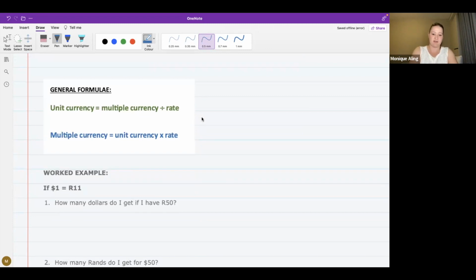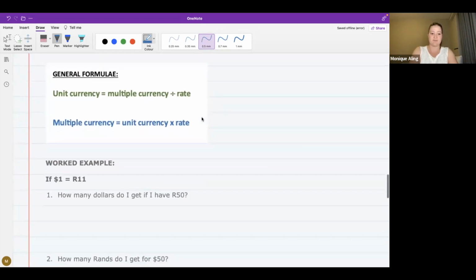So let's look at the first question. Worked examples. I'm going to do this one with you. If $1 equals 11 Rand, how many dollars do I get if I have 50 Rand?